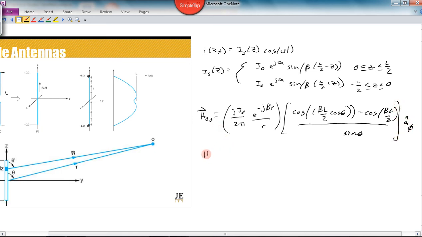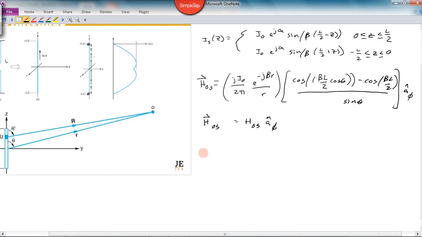A lot of times we will write the magnetic field as HOS is equal to its amplitude times the direction that it points in. That allows us to simply write the electric field as eta times the magnitude of HOS, and it will point in the a hat theta direction.